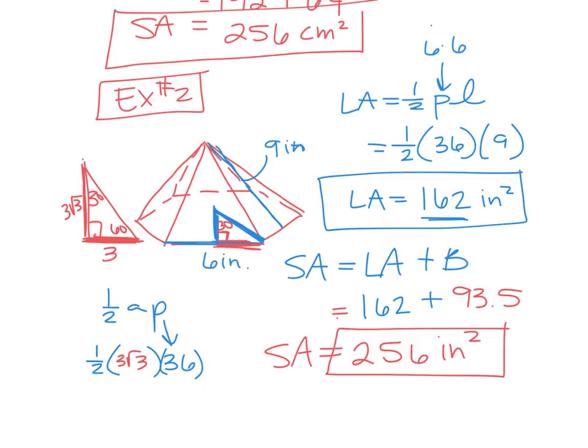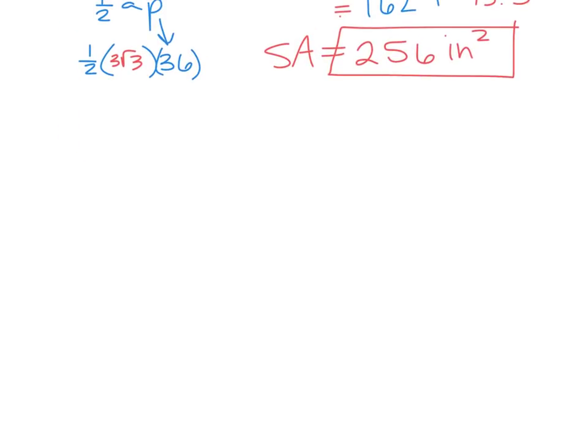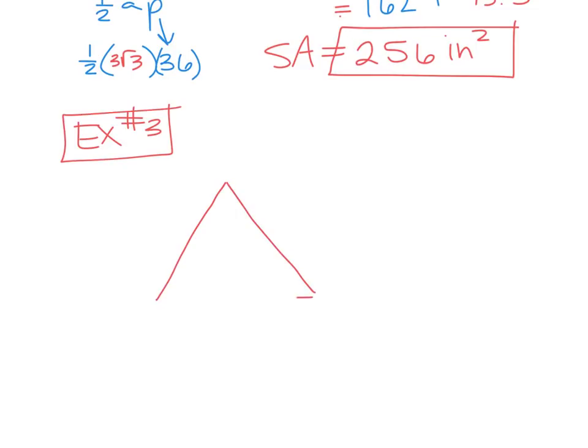Okay, last one, and this is the one that takes a little bit of solving before you can really solve. So third example here. You have another square pyramid. That's 9 inches.